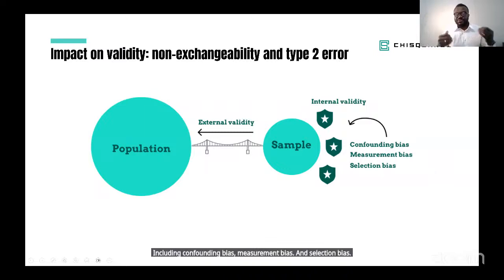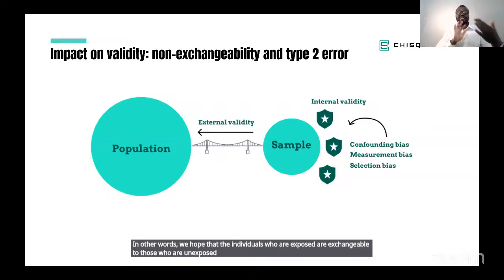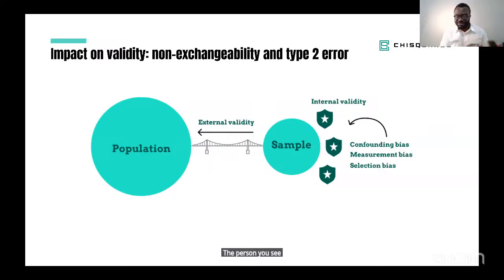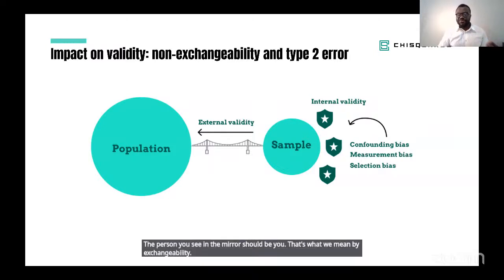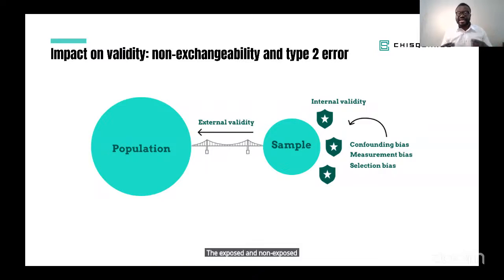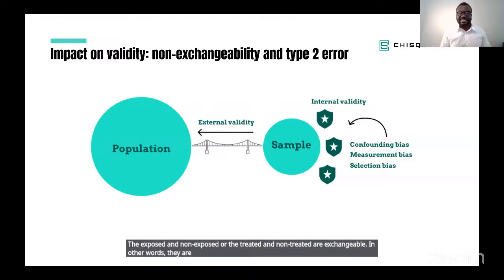In other words, we hope that the individuals who are exposed are exchangeable with those who are unexposed. It's like you're looking into a mirror. The person you see in the mirror should be you, right? That's what we mean by exchangeability. The exposed and non-exposed, or the treated and the non-treated, are exchangeable. In other words, they are alike in every other respect except for the treatment or the exposure. But in every other thing, they are supposed to be exchangeable.